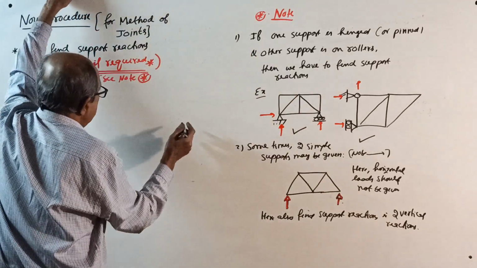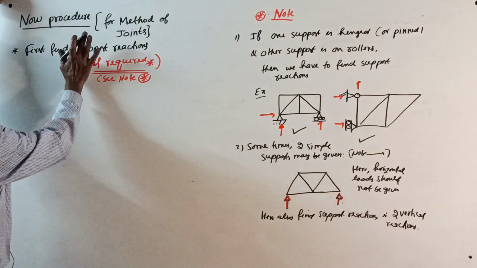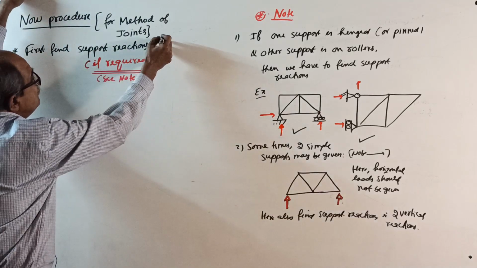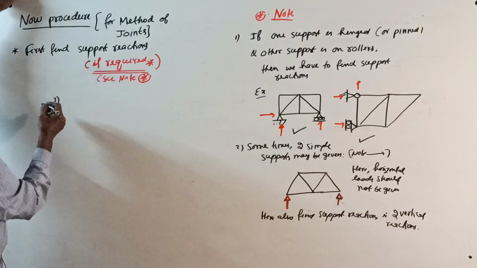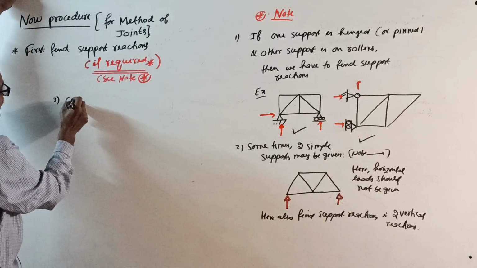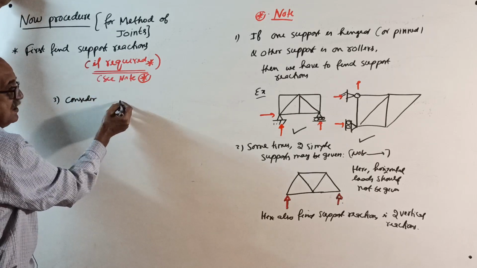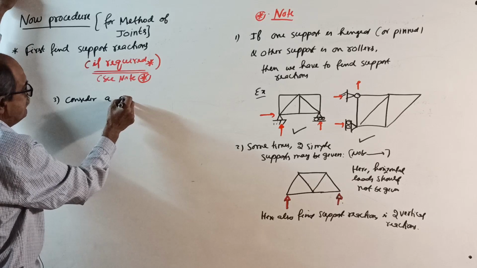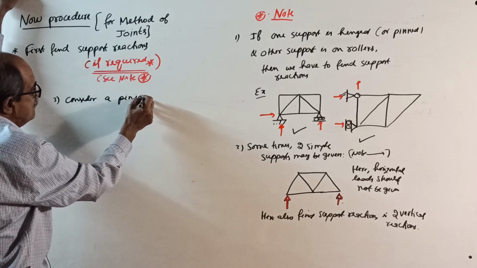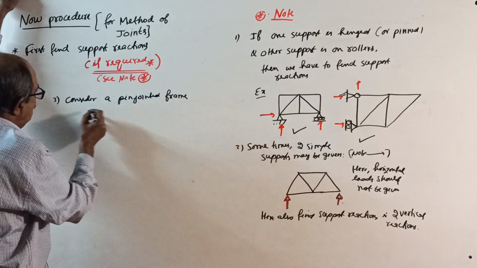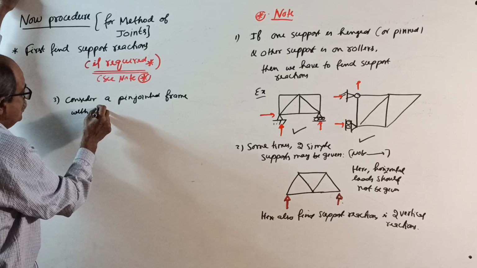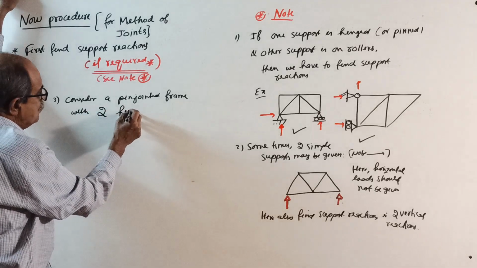1, 2. Now very important, 3. Don't worry about this here, this is all a note for this one. I will write here and rub it out. 3. Consider a pin jointed frame with 2 hinged supports.